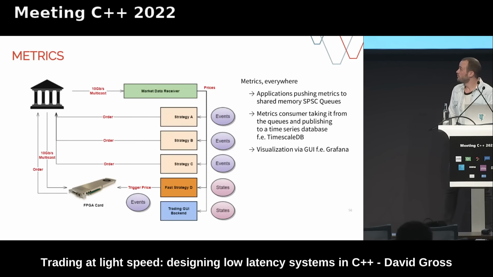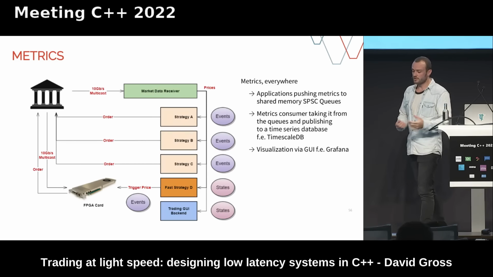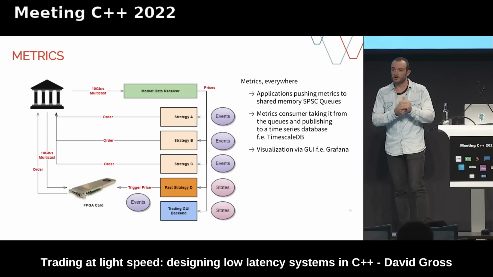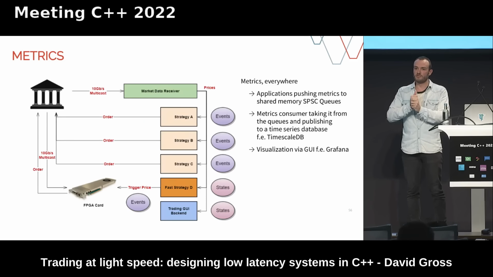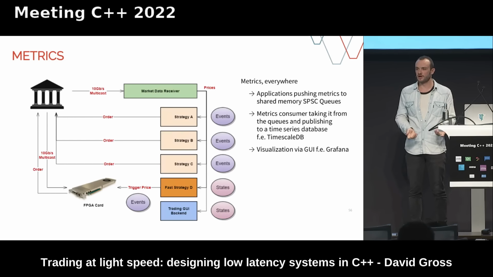And so how does it work concretely? Back to our system. Again, queues. For these metrics, you're going to have a timestamp. On x86, we always use RDTSC because that's as fast as you can get.